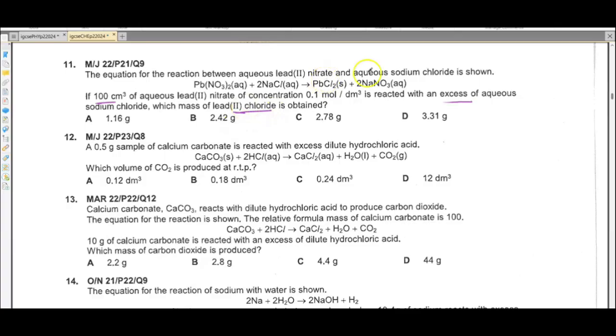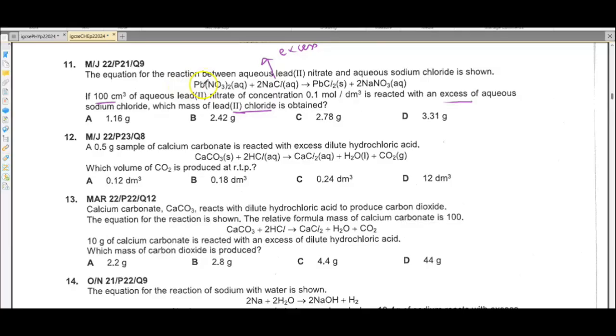So I told you before in the previous question as well that sometimes they will give you which reactants are in excess and which are the limiting one. So in this question, they've told us that aqueous sodium chloride is in excess. So we don't need to use the number of moles of NaCl. We are going to use the number of moles of lead nitrate because this is the limiting reactant.